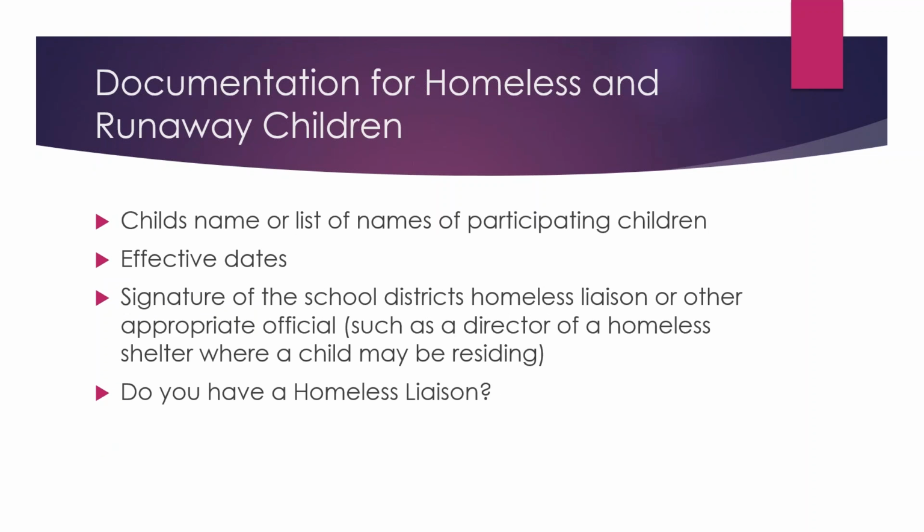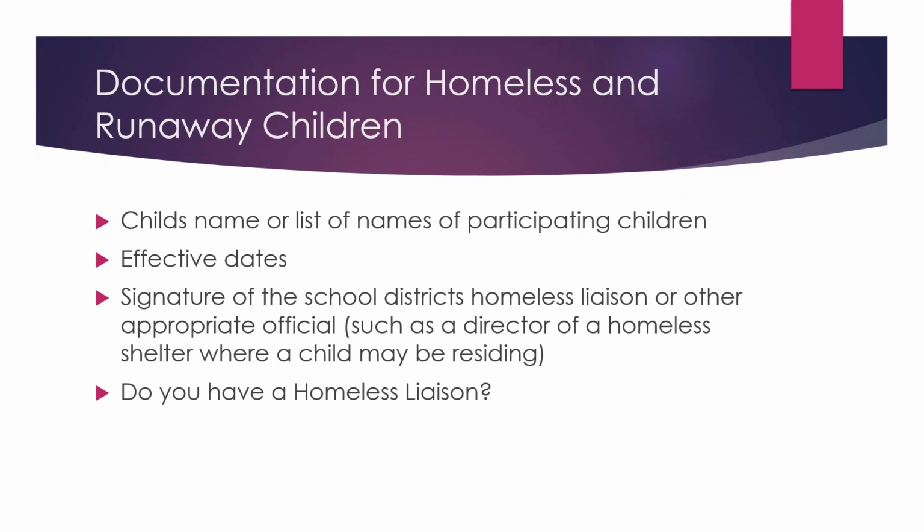So if you do have a homeless coordinator, and/or for runaway children, what would be required is the child's name or list of names of participating children, the effective date, and the signature of the school district's homeless liaison or other appropriate official.